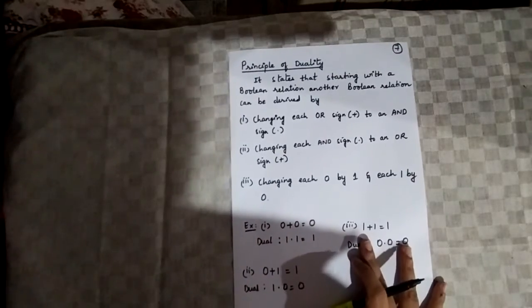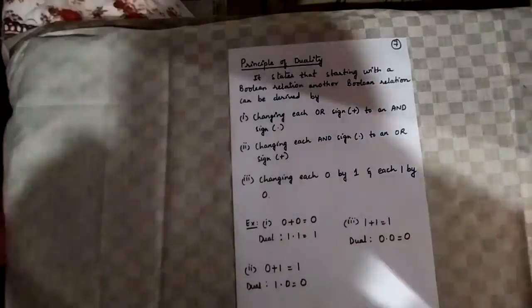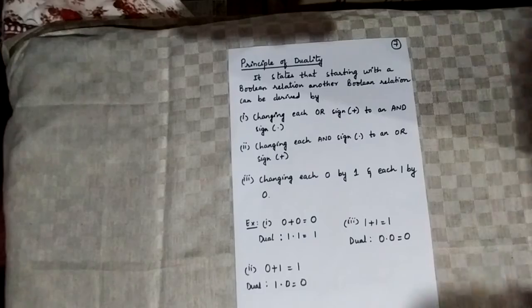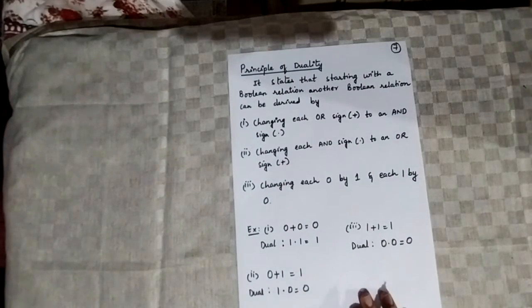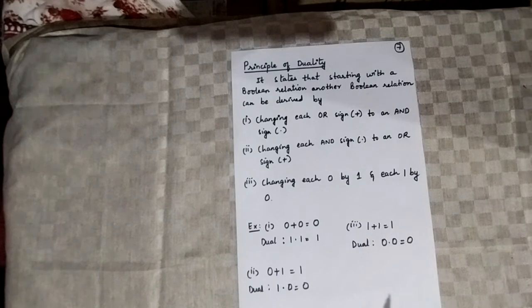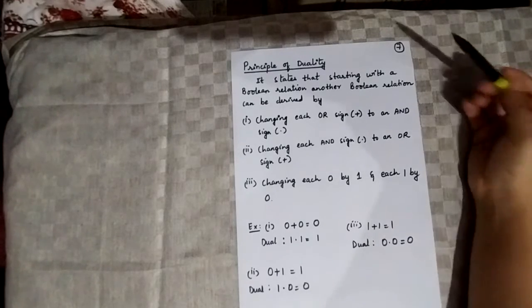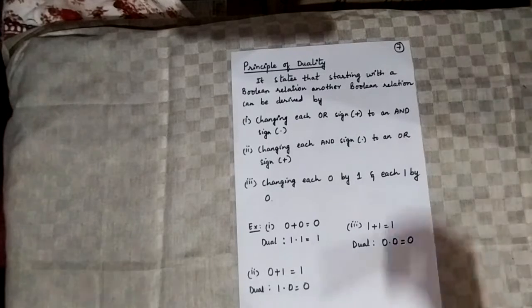Now we'll move on to the next concept under Boolean algebra. So here comes the next one. After the basic postulates, we have the next important topic, the principle of duality.